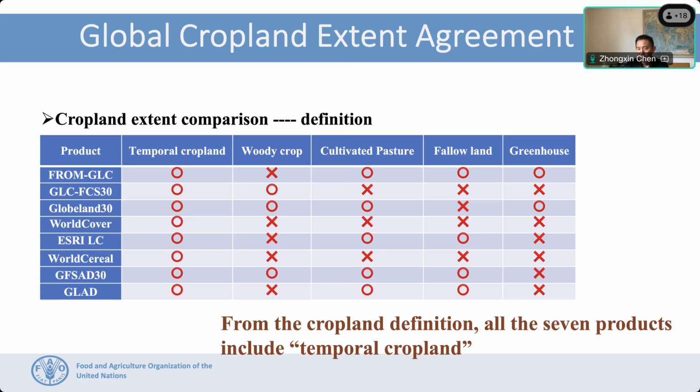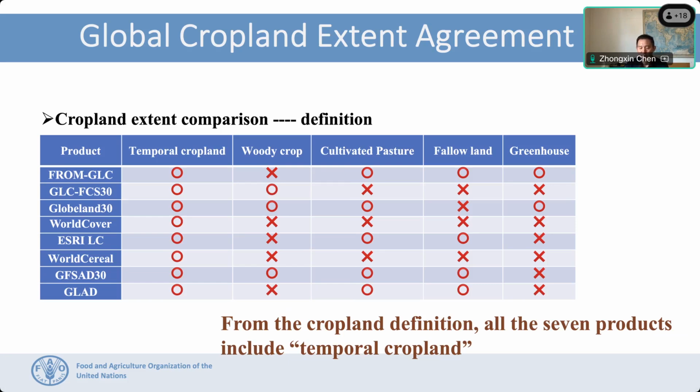It's an integral part of agricultural production. And in recent years, greenhouses are an intensive agricultural practice. So you can say there's no single global land cover dataset that covers all these subcategories of cropland.